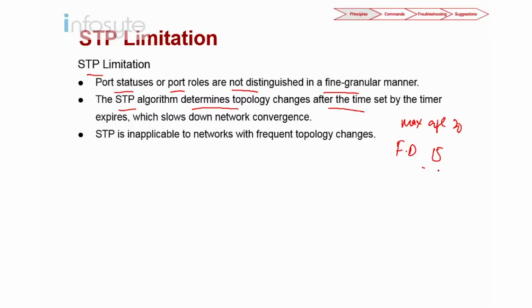So that is a very long time, and this makes the network convergence very slow. And finally, STP is inapplicable to networks with frequent topology changes. If your topology is not as reliable and is changed many times during the day, then STP may not be applicable for such an environment because there will be a disruption for your users. So next we are going to look into the alternative to STP, which is RSTP.